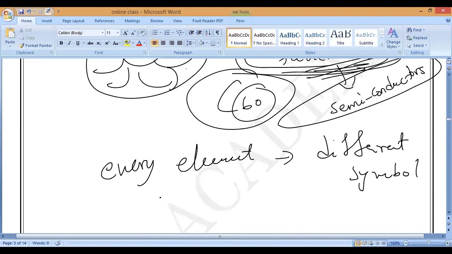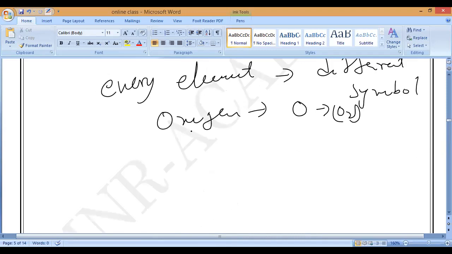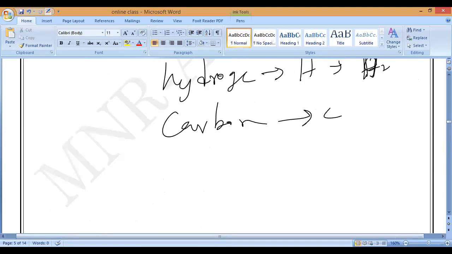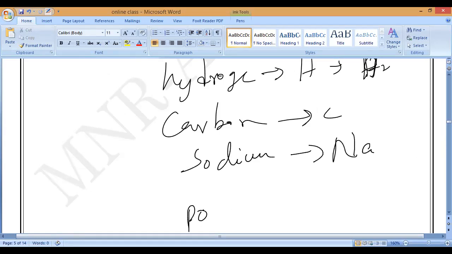For example, what is the symbol of oxygen? The symbol is O, but it is represented as O2. Hydrogen symbol is H, but represented as H2. Next, carbon, we take C only. Sodium symbol is Na.